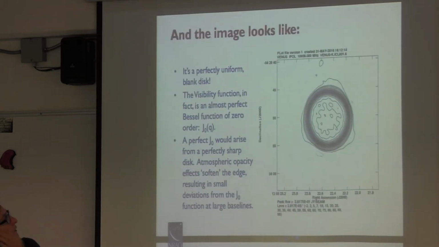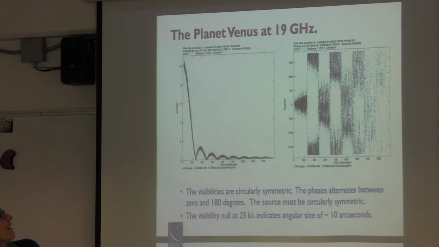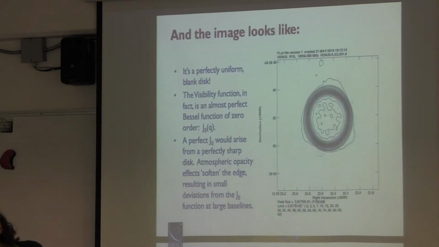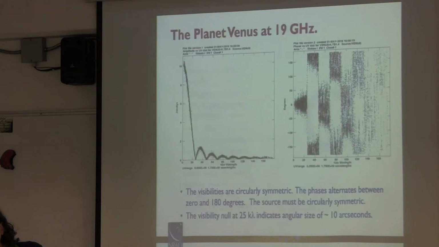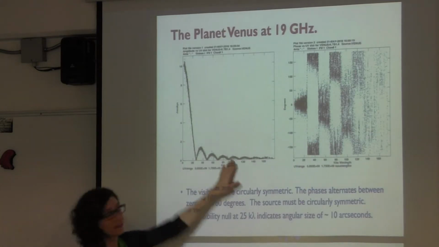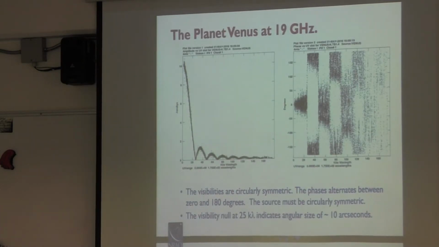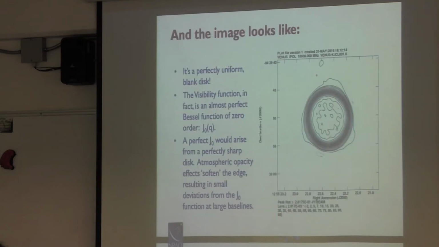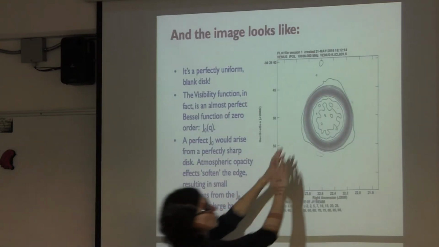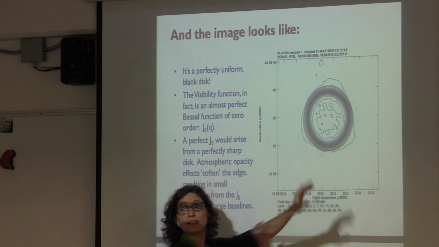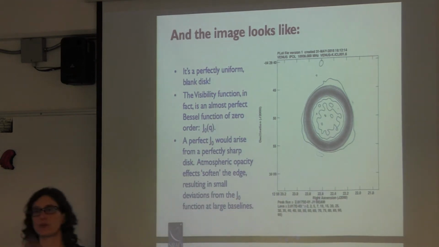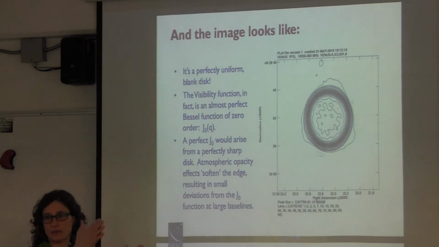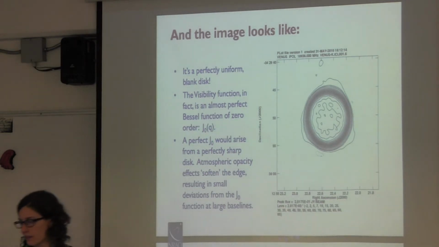Why do we get that in the visibility plane? What does that mean? That means that you have a kind of Gaussian, right? The Fourier transform of a Gaussian is another Gaussian, but with a different width.